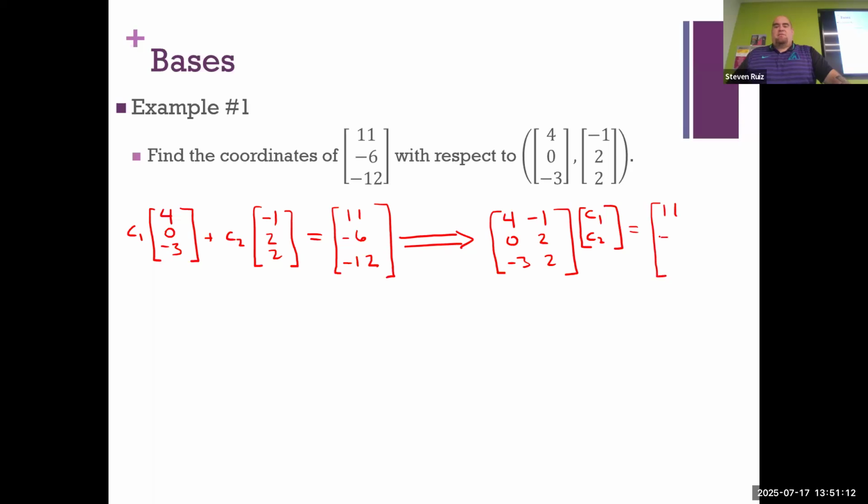Basically, this is the equation I want to solve. So I have a 3x2 times a 2x1, and that equals a specific 3x1. But the way we've been expressing these things is as this augmented matrix: 4, -1, 0, 2, -3, 2, 11, -6, 12, -12.